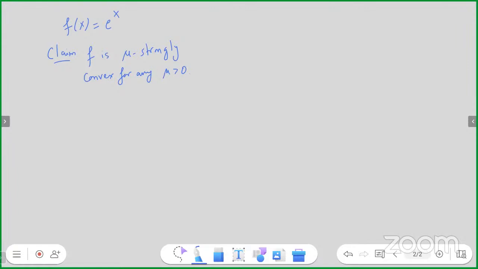At least give me for one mu it is true. Then we will worry about all mu's. So what about mu equal to 1?